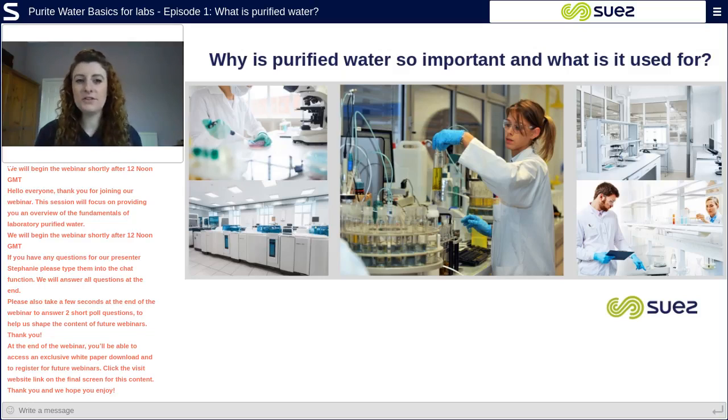Why is purified water so important and what is it used for? So in the laboratory, laboratories require an inert media for the basis of any sample analysis. They also may routinely measure and test samples for gases, organics, minerals and bacteria, which is why impurities have to be removed.